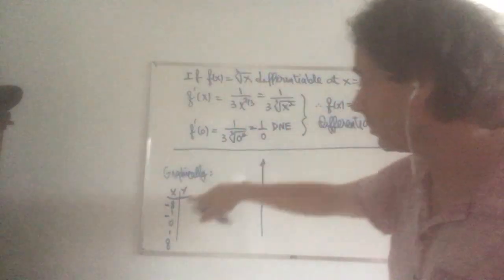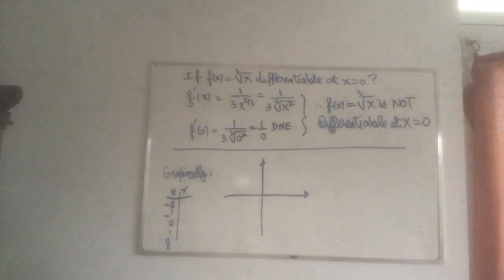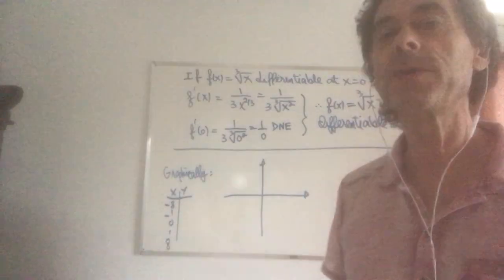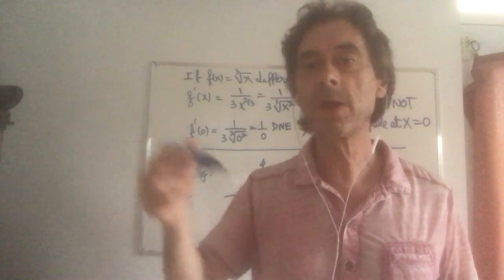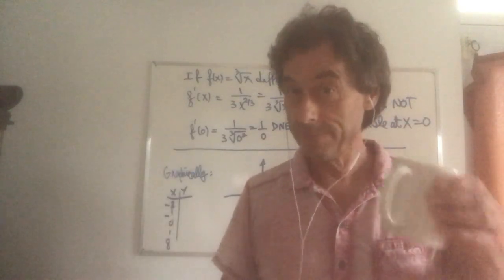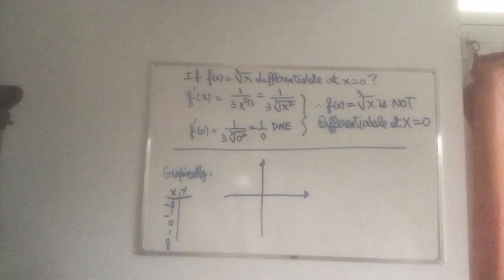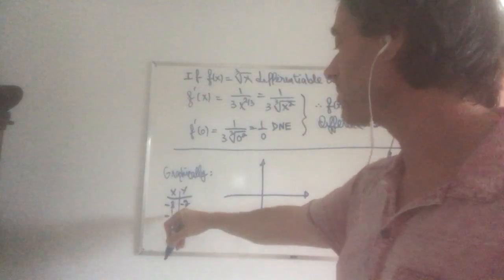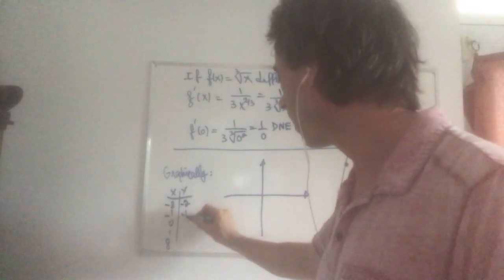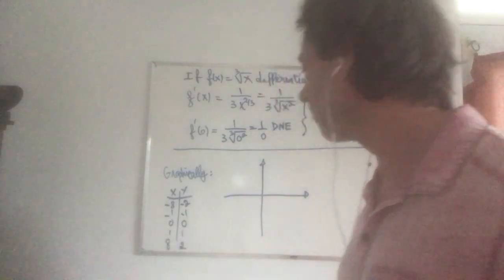Because what's the cube root of -8? What number times itself three times will give you -8? The answer is -2. -2 times -2 times -2 is -8. So -2. What number multiplied by itself 3 times will give me -1? Then the cube root of 0, cube root of 1, and cube root of 8.